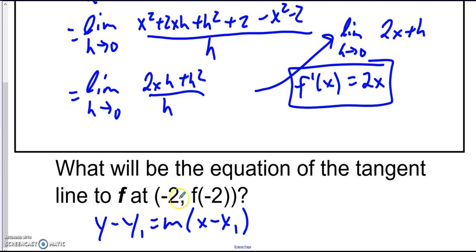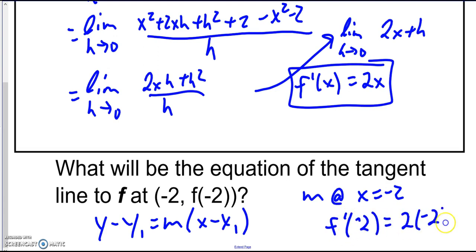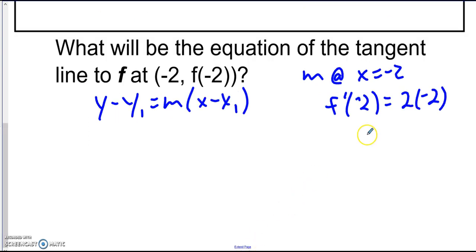If we want to find the slope at x equals negative 2, we use our derivative, and we substitute in negative 2. So, this should be negative, sorry. The slope at negative 2 would be negative 4.